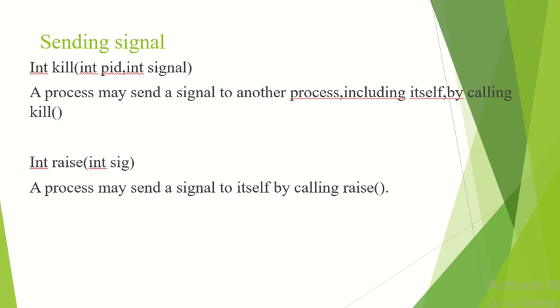The process whose PID matches the argument pid receives the signal, so one process sends a signal to another process by using kill.